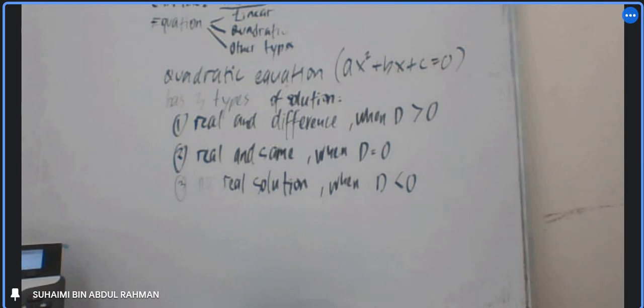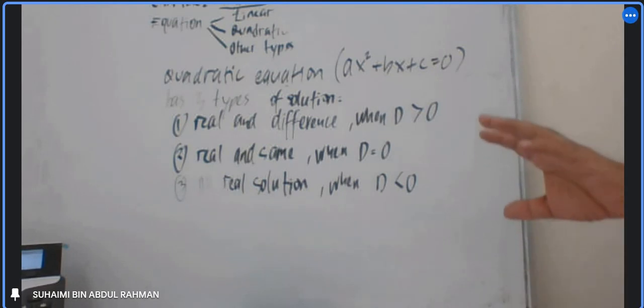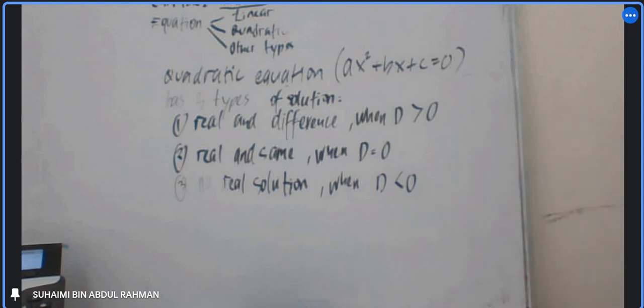And number three, no real solution at all, when the discriminant b squared minus 4ac is less than 0.